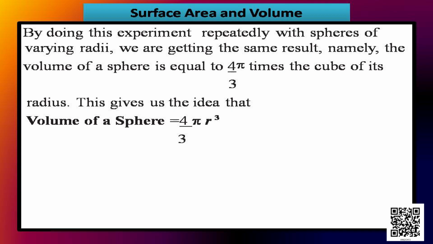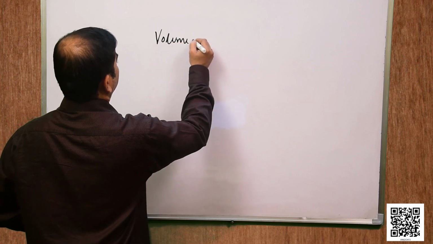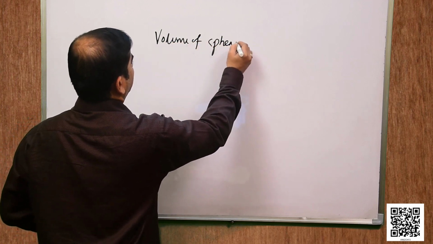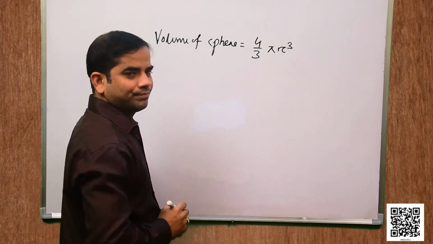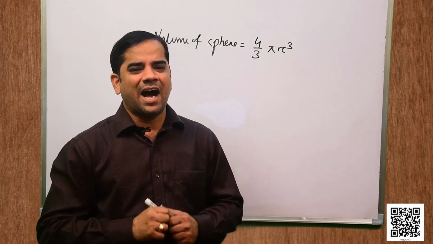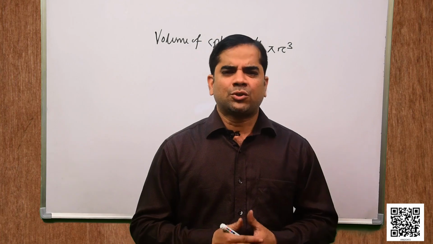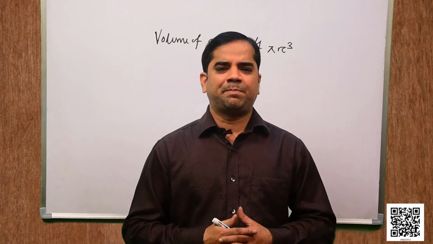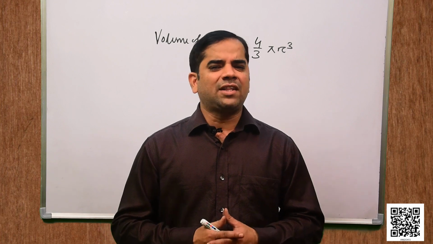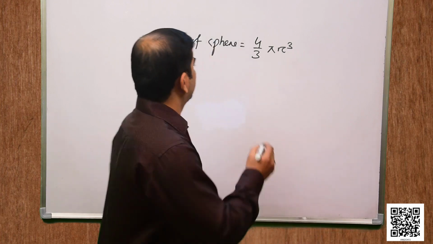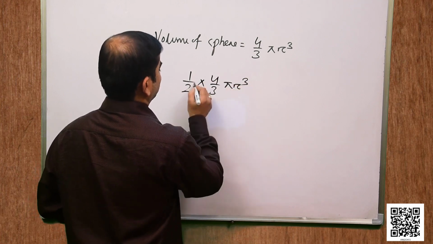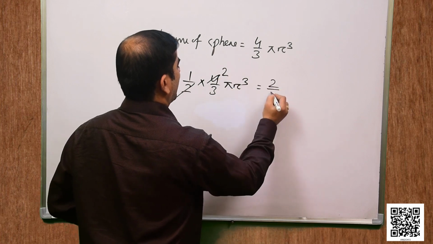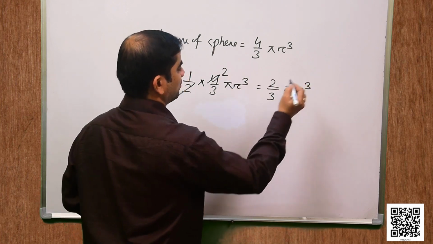So, this gives us the idea that volume of sphere is equal to 4 by 3 pi r cube. And in this case, r is the radius of the sphere. Students, as a hemisphere is half of a sphere, so we can find the volume of hemisphere as half of that of the sphere, that is equal to 2 by 3 pi r cube.